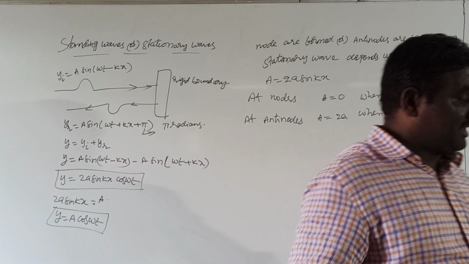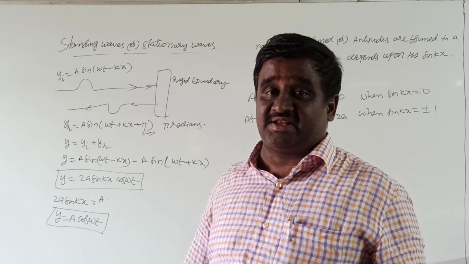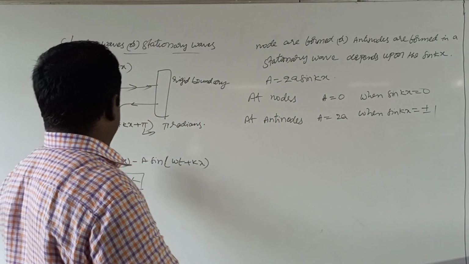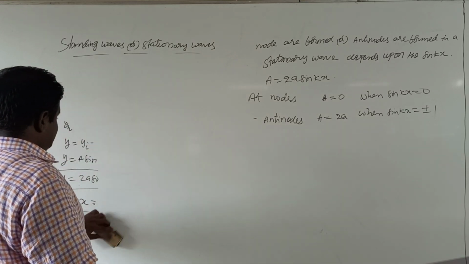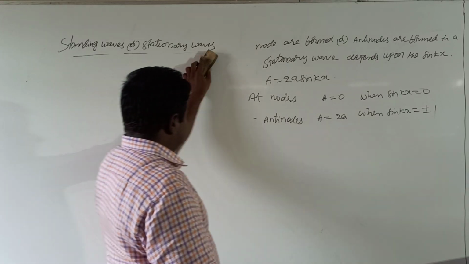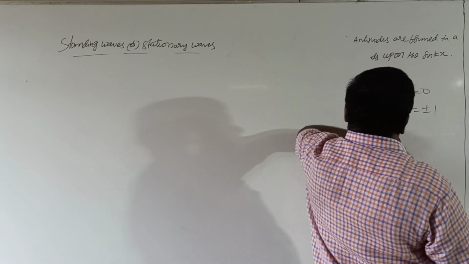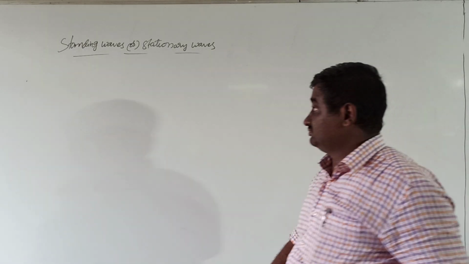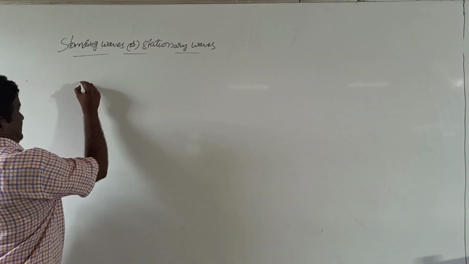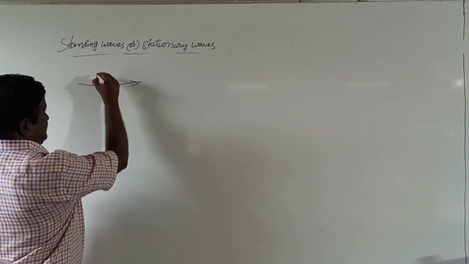Now we discuss the formation of standing waves across the free end. A progressive wave is traveling along the positive x-axis.